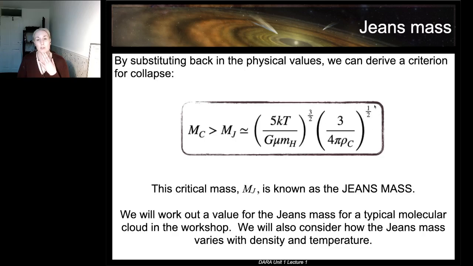So this Jeans mass is the critical mass above which we expect a molecular cloud to collapse to form a star.